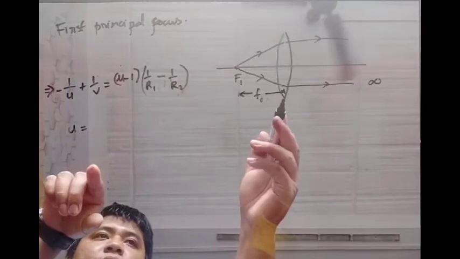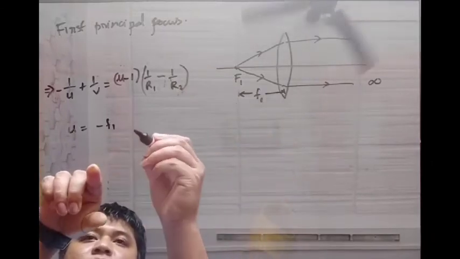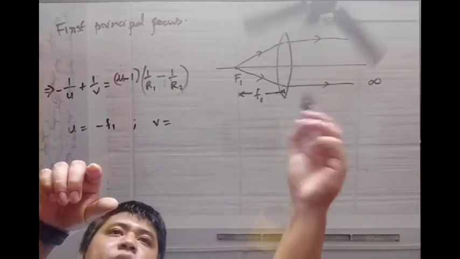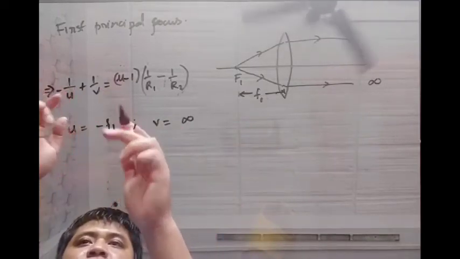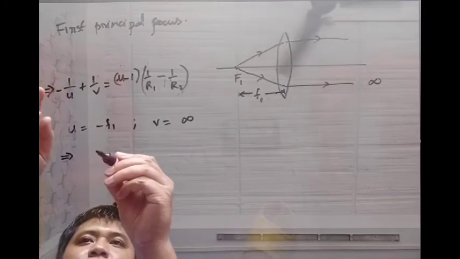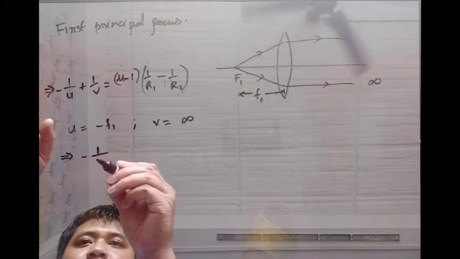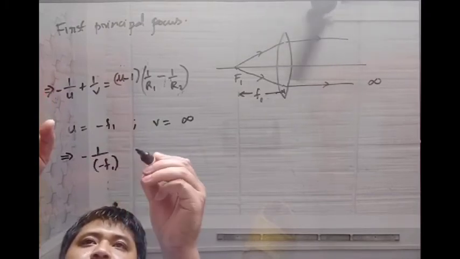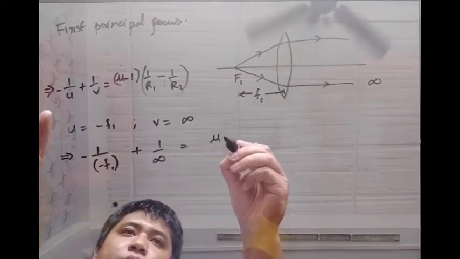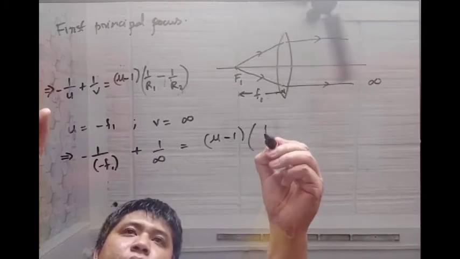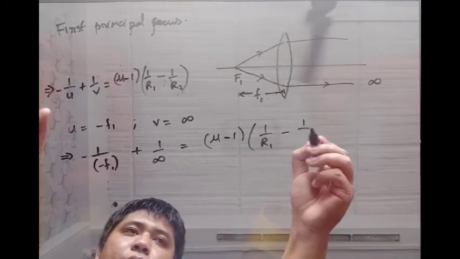U is minus f1. Then v is plus infinity. Then putting the value in this equation, we get 1 by minus f1 plus 1 by infinity equals mu minus 1 times (1 by r1 minus 1 by r2).